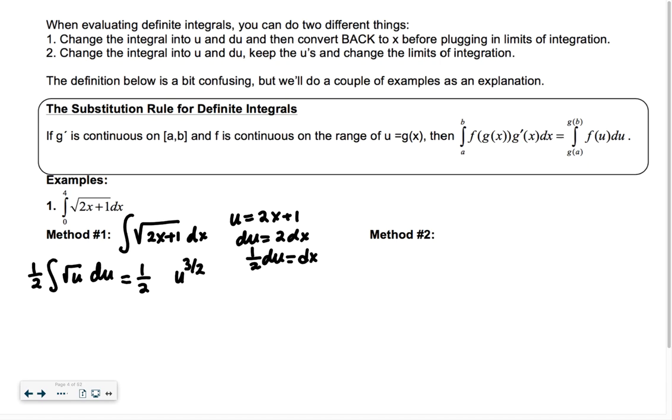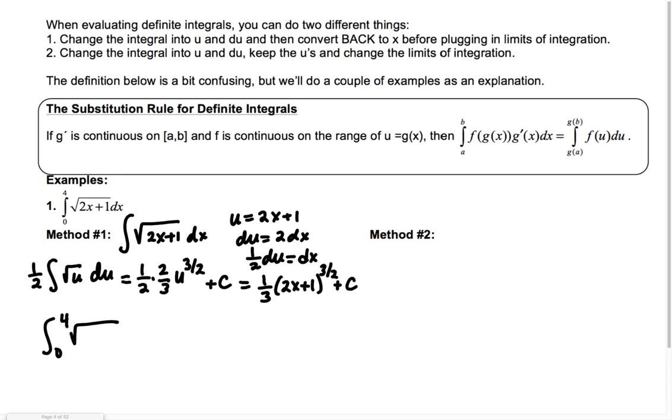I multiply by the reciprocal of that out front. 1 over 3 over 2 ends up becoming 2/3. Plus c. So I get a 1/3 u, which is 2x plus 1 to the 3 over 2, plus c if it was indefinite. But this one's not indefinite. It had numbers. So then we say, well, it really had numbers. It's 0 to 4.